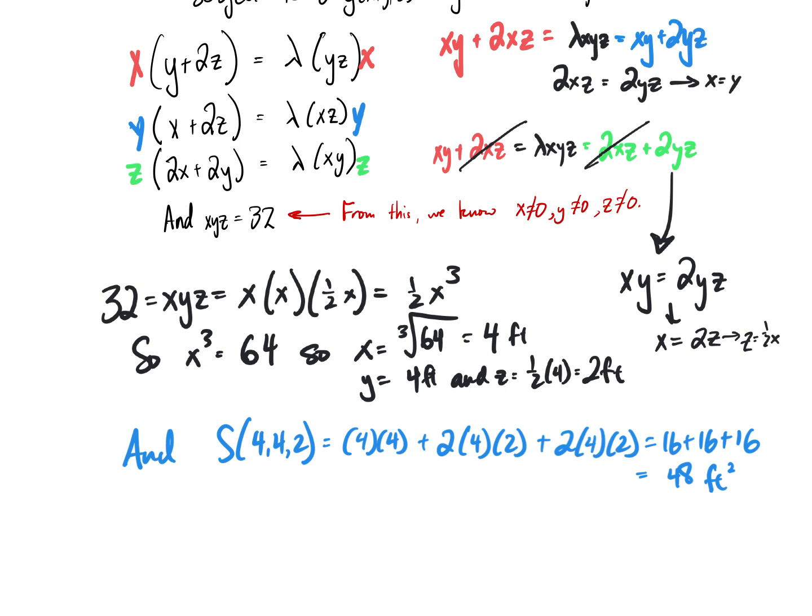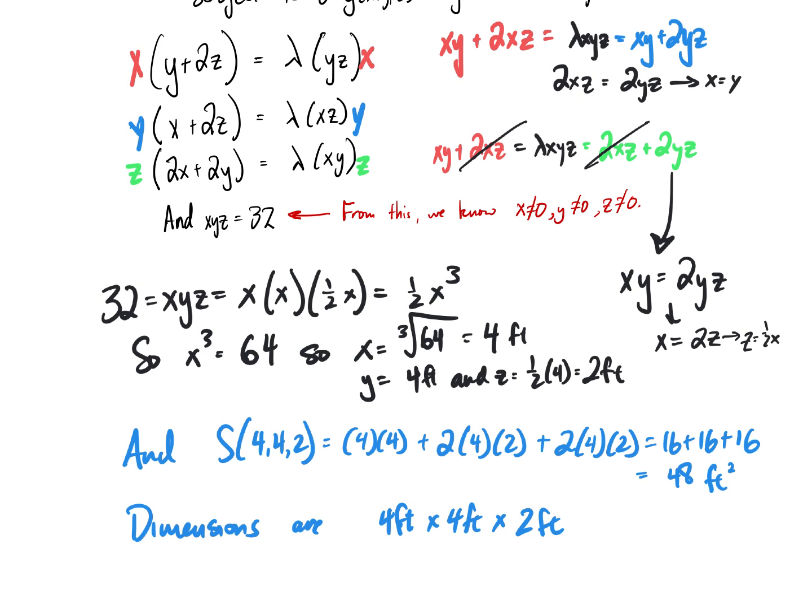You can also use this fact to verify that the dimensions that minimize the area are 4 feet by 4 feet by 2 feet, by trying a different set of values that would give you a volume of 32.